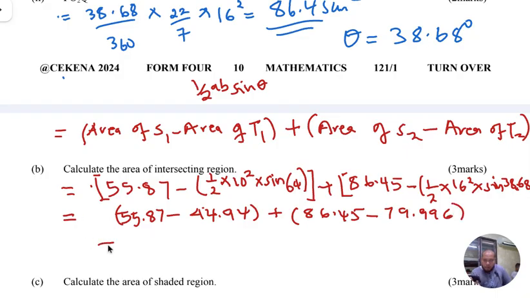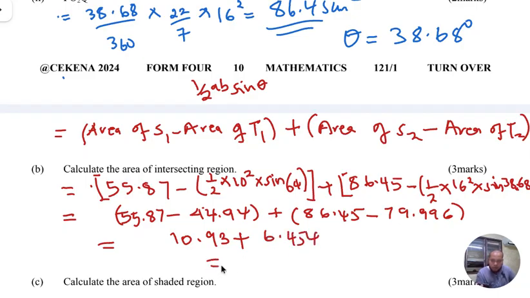So the two, when you subtract 55.87 minus 44.94, give 10.93, and when you subtract 86.45 minus 79.96, give 6.454.